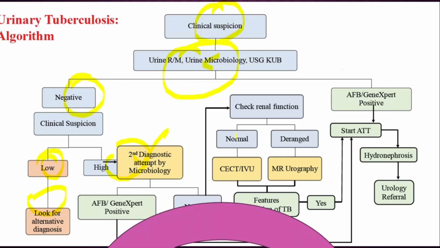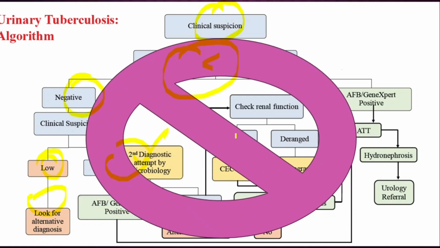But most of the time you might not require this flow chart. What you need to remember is that urine culture, urine PCR, urine AFB might be negative mostly because of incorrect urinary sample processing, or the patient submitting a very small quantity, when the entire sample has to be submitted. 3 to 4 times the report might be negative, and the 5th time it might be positive.